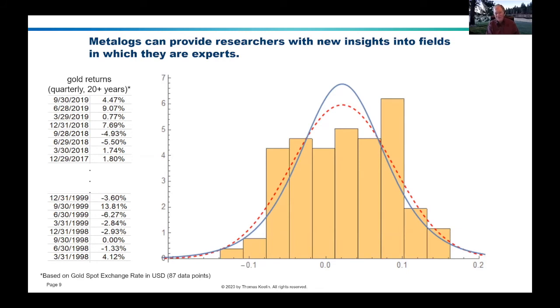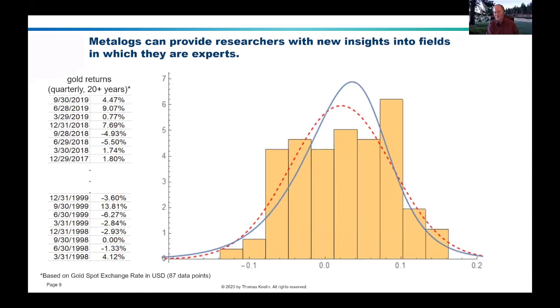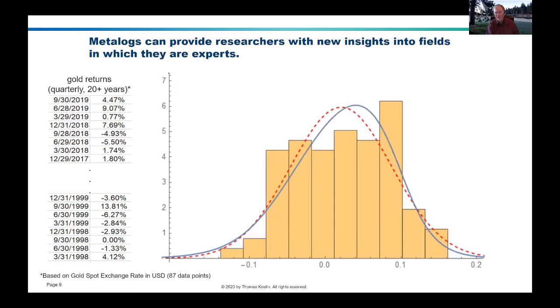If you use the 3-term Metalog, you end up capturing the skewness that's in the histogram, but still not the fatness in the center. If you go to the 4-term Metalog, now you've got something that's capturing both the skewness and some of the fatness that you see in the center.